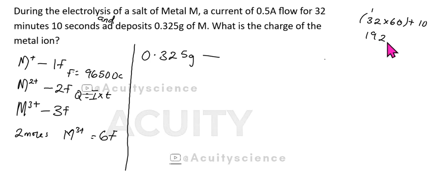So 19 with a 0 here, then plus 10. So we have 1930 after adding 10. This is our time in seconds.